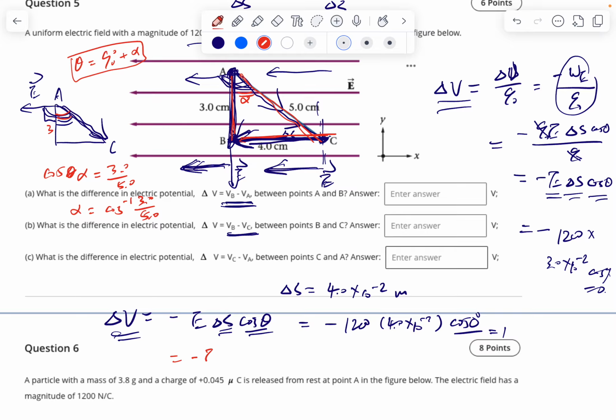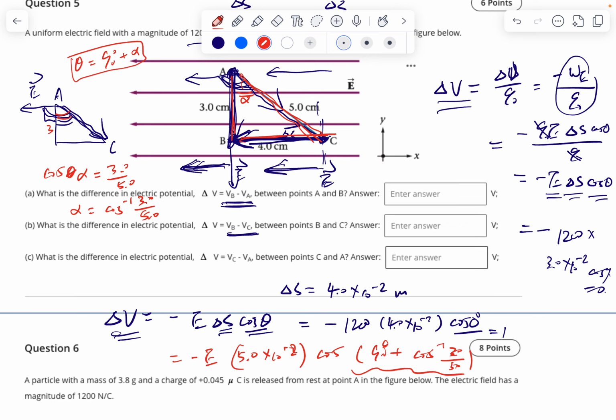So equal to negative E. Displacement is, you see, 5.0 times 10 to the negative 2 meter. And cosine theta will be cosine of 90 plus alpha. Alpha is inverse tangent of 3.0 over 5.0. Okay.